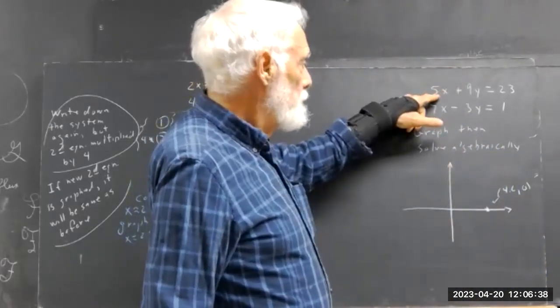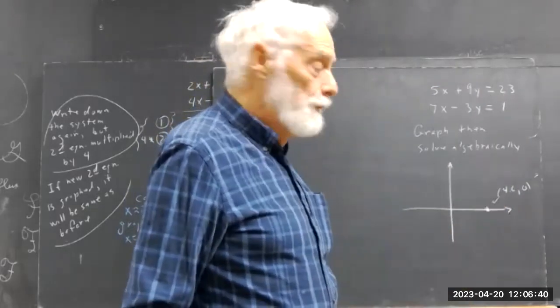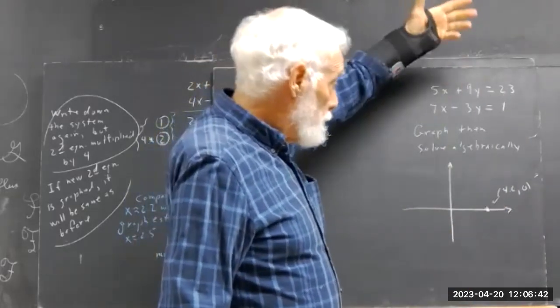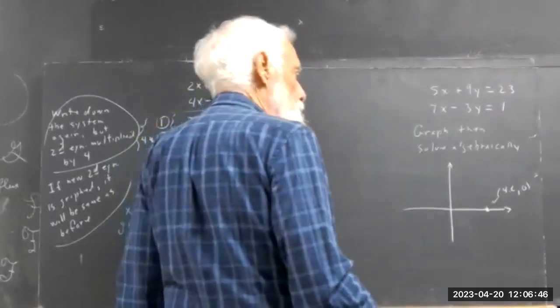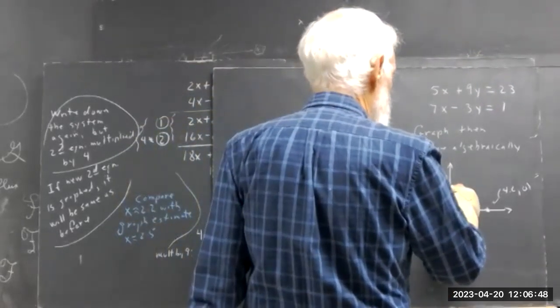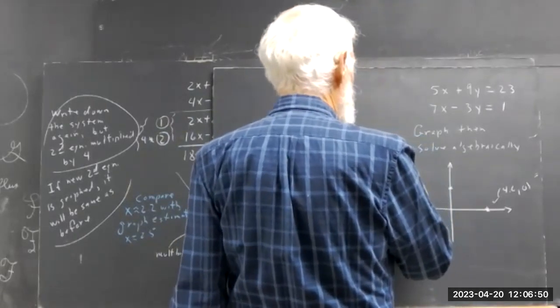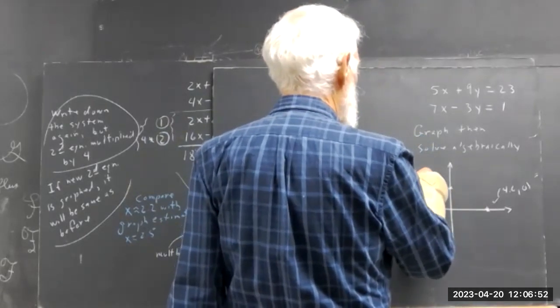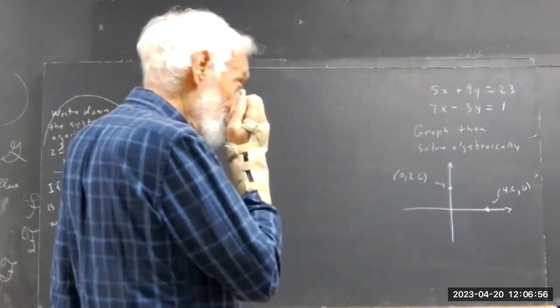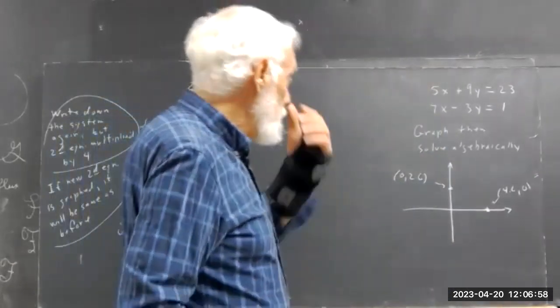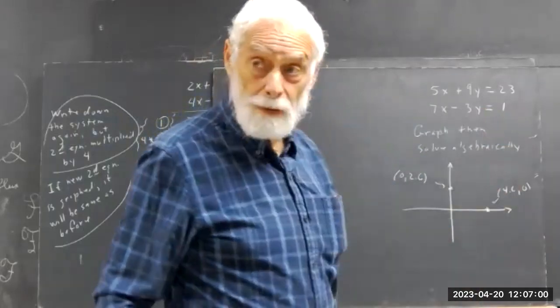If x equals 0, 9y equals 23. So y is 23 over 9, which is 2 and 5/9, which is between 2.5 and 2.6. So I'm going to say that's 0 to 2.6.